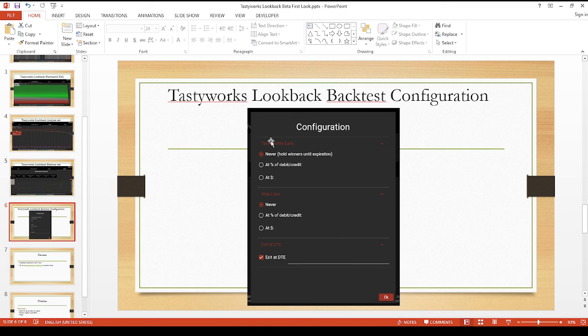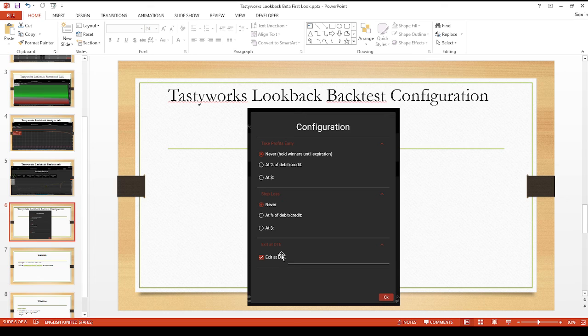If you go back and see this little red icon, when you click on that, you get a configuration tab. You can add more rules. For example, you can take profit at a particular percentage or at a dollar amount, and at the same time a stop loss as a percentage of whatever you received or paid out, or at a dollar amount, or even better, a combination of these.